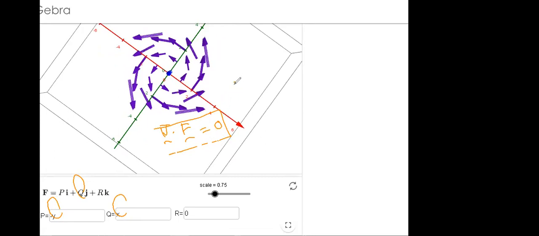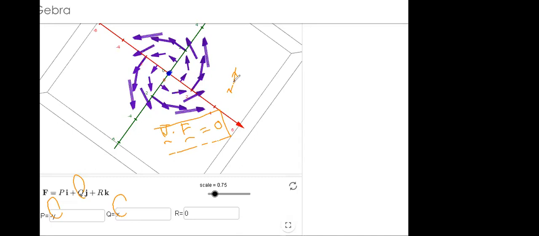So if you consider any point in this two-dimensional plane, 0 means the rate at which the flow flows into this point is the same as the rate at which the flow flows out from this point.